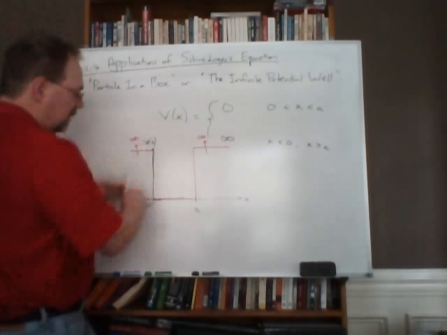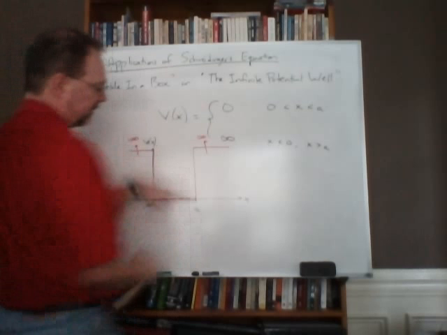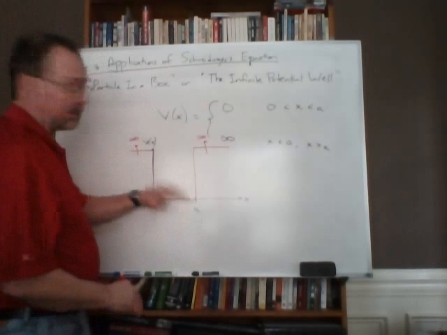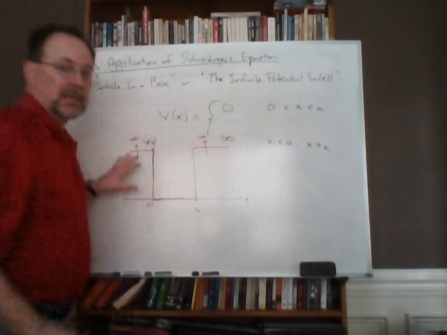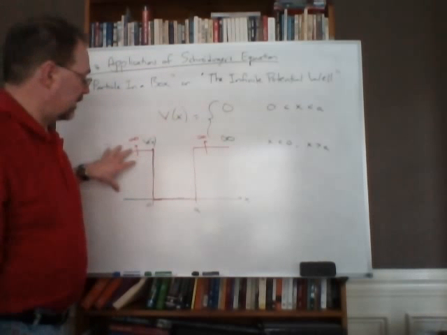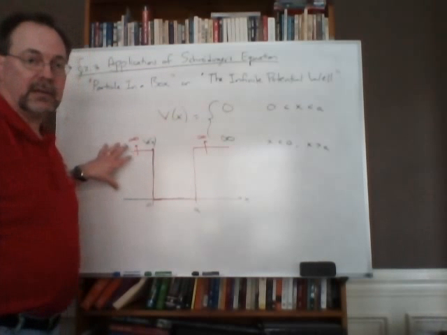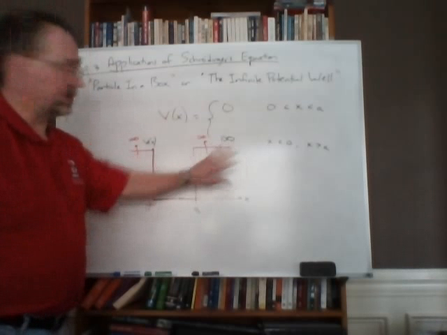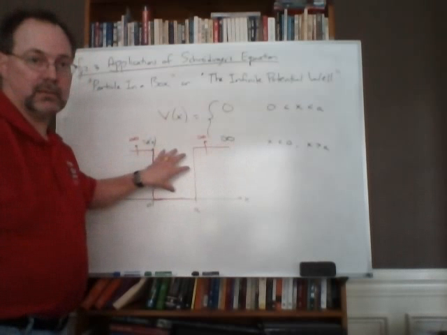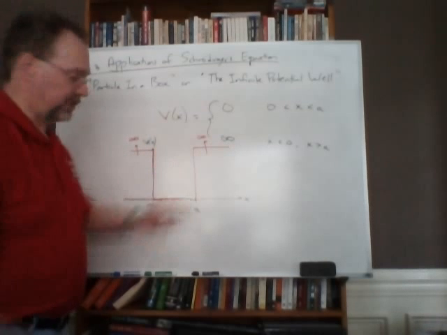But in any case, we have a potential well, so inside the well, the potential energy is 0, and outside the well, the potential energy is infinite. And this is going to mean, thinking ahead, that the particle cannot be in this region or this region. It's going to be confined to the middle region between 0 and a.